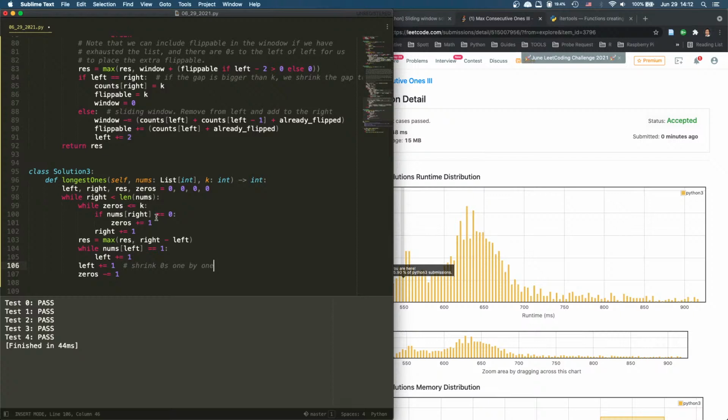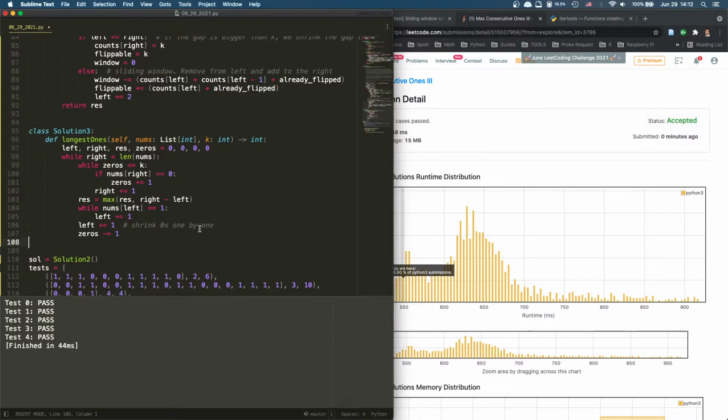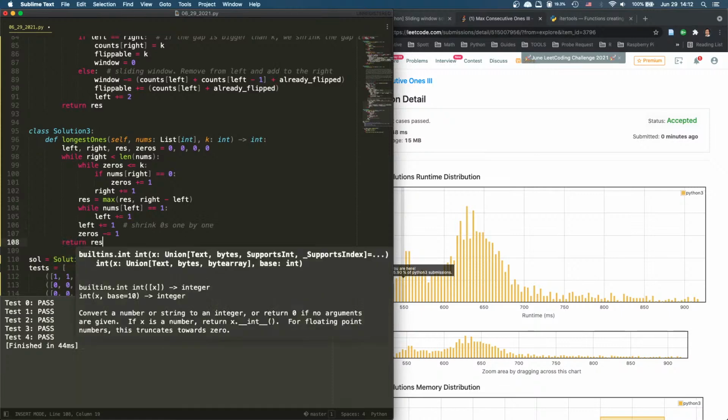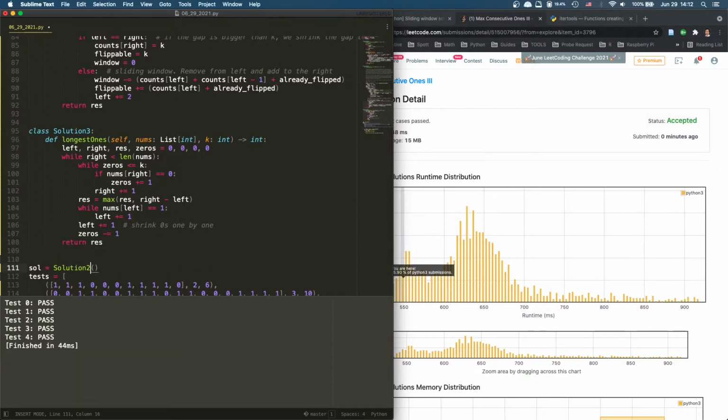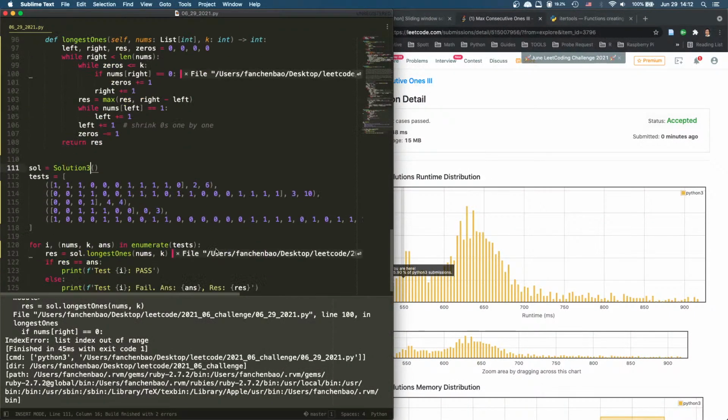And we check if it is 0, zeros plus 1. And right moves on, and then boom, explode. So we do this again, and then we keep shrinking, and then return res. Let's see if solution 3 passes. Ooh, we have a list index out of range.